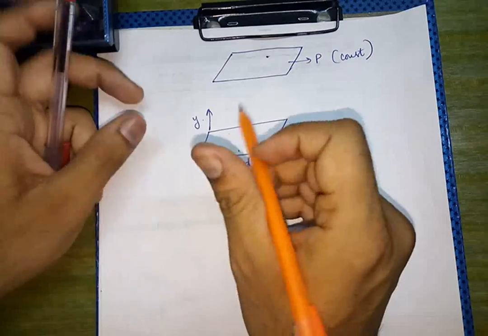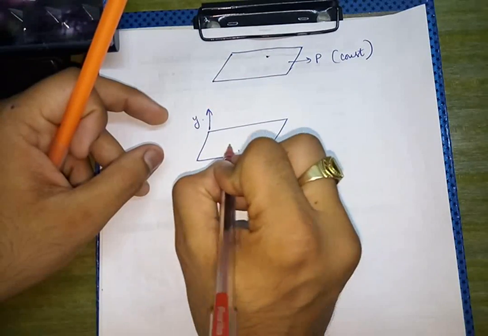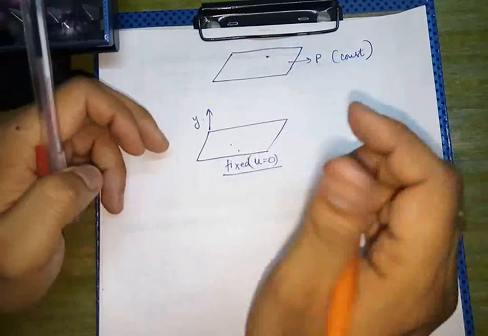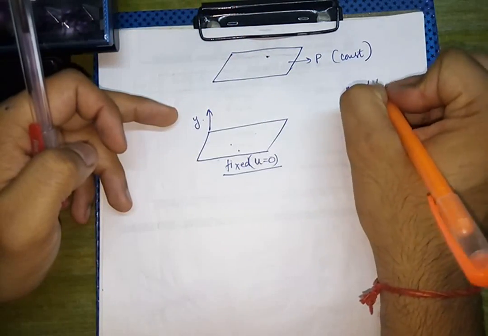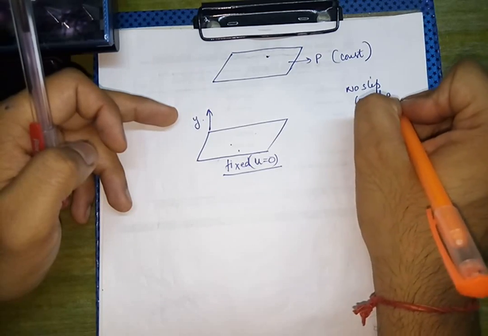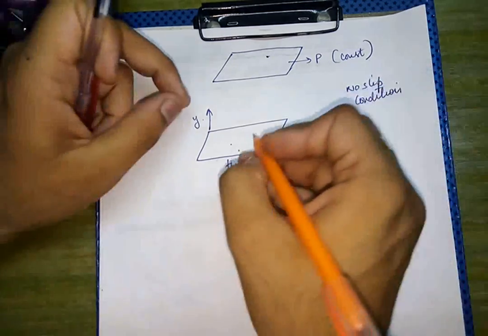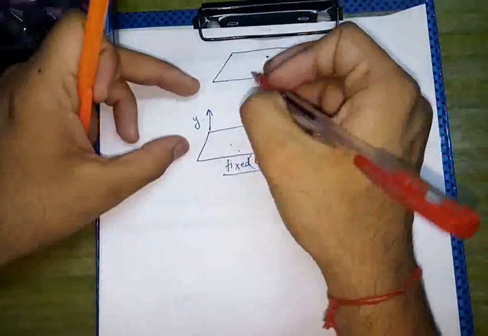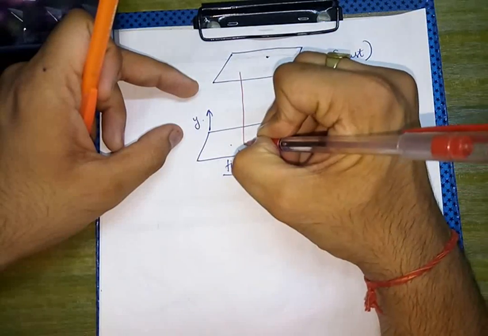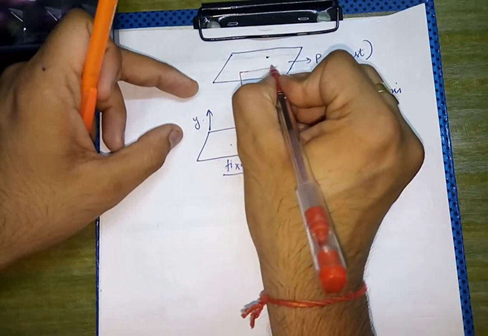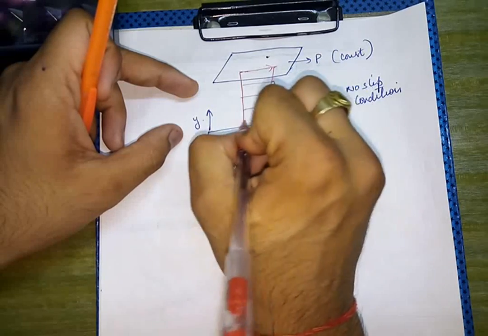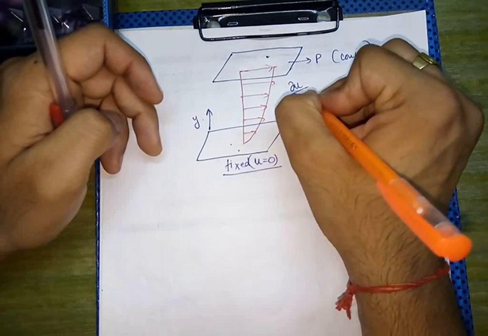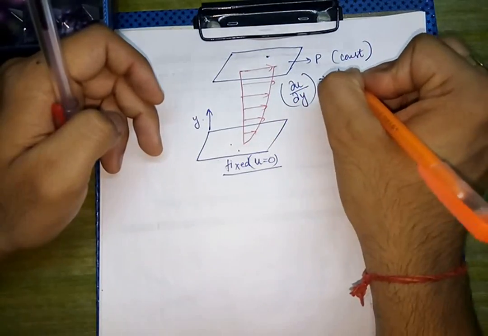Since the bottom plate is fixed, the layer of fluid just in contact with it will be at rest because of the no slip condition. Due to the viscous nature of the fluid flowing between these plates, a velocity profile develops going upwards, such that del u over del y is the velocity gradient.